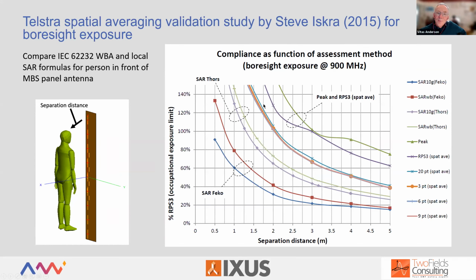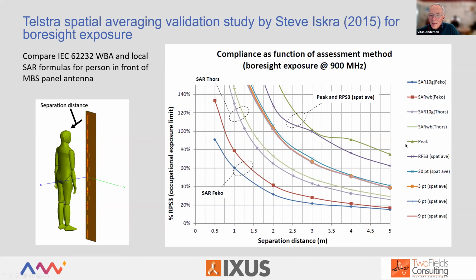Then what he did, which is interesting, was he looked at what the compliance curves were for spatially averaged fields. He looked at those IEC 62232 recommended fields that I showed you a few slides previous. So you've got the 20.1, the 3.1, a 6.1, and a 9.1.